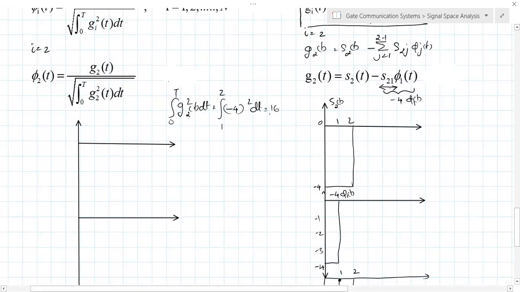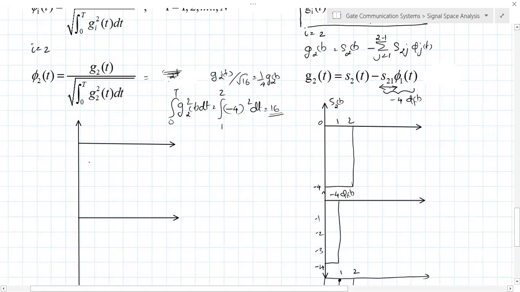So you'll get 16. Now if you substitute in this particular formula, it becomes G2 of t by root 16. So we'll get 1 by 4 G2 of t. Now we got phi 2 of t.